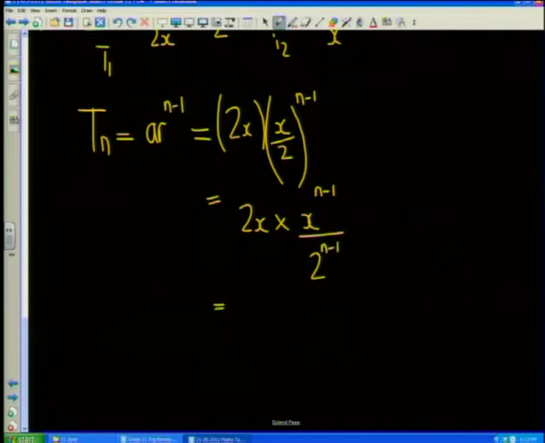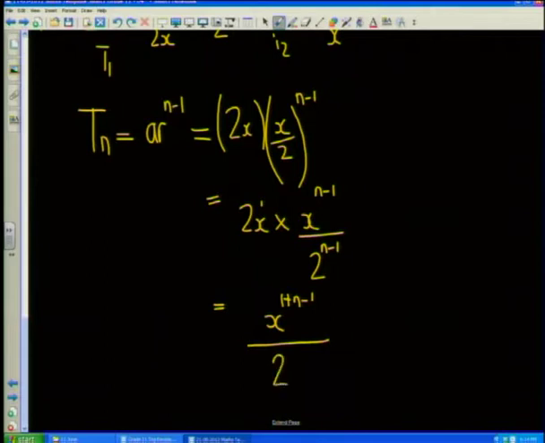Now I'm just going to tidy it up. I'm going to go for my x's first. Notice this is x to the 1, being multiplied by x to the n minus 1. Remember, we add our exponents when we multiply like bases, so we're going to get 1 plus n minus 1. As far as my 2's are concerned, I'm going to do the 2's on the denominator.